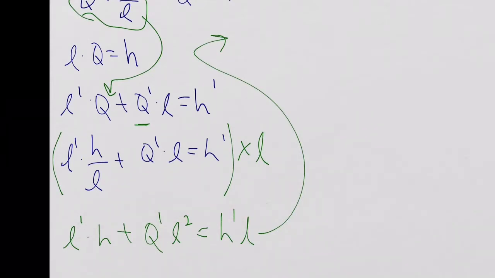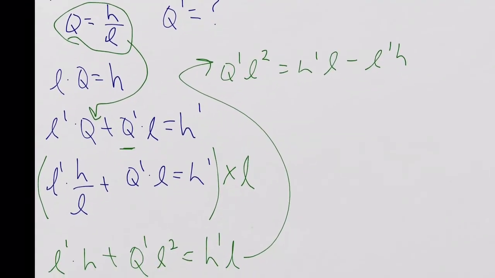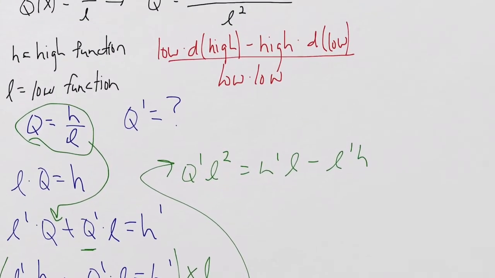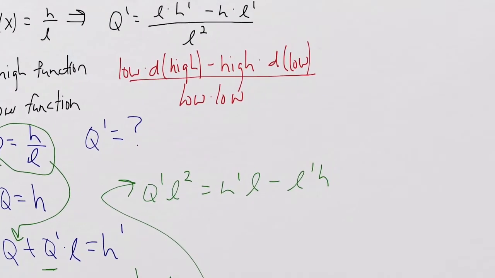So I can solve. I'm going to take this guy and move it over to this side of the equation. That gives me Q prime L squared, that's the term that's left over, equals H prime L minus L prime H. Now I'm going to move so we can see the stuff from earlier.